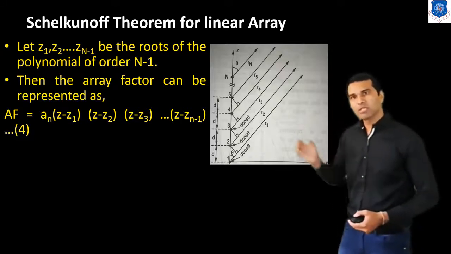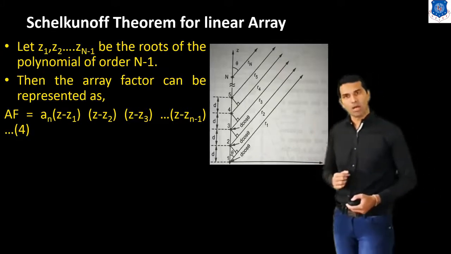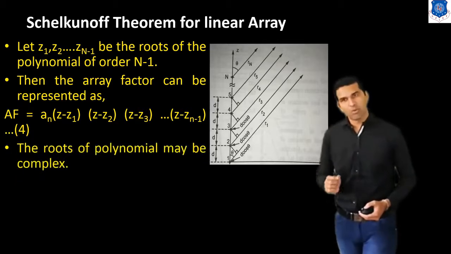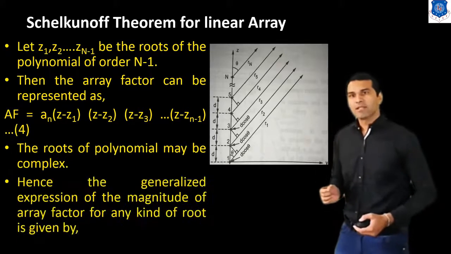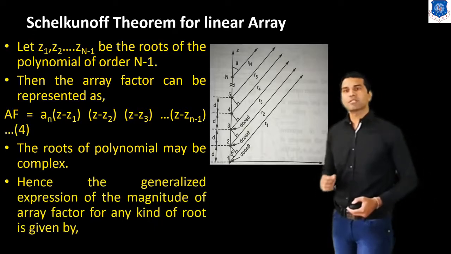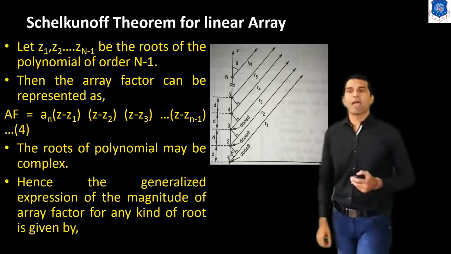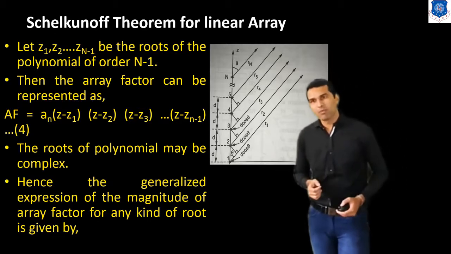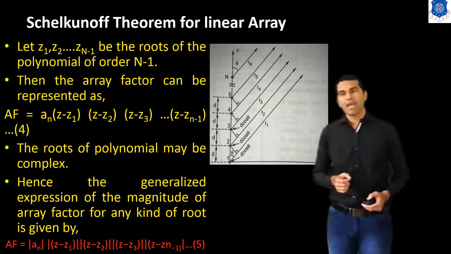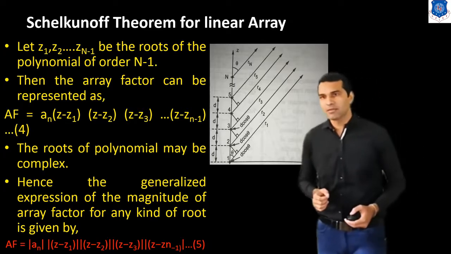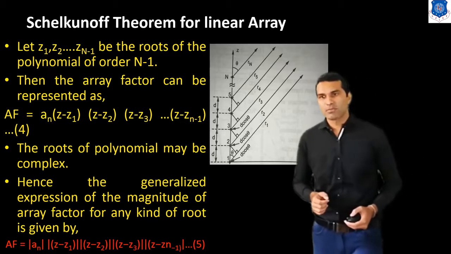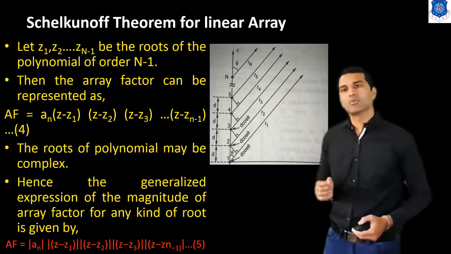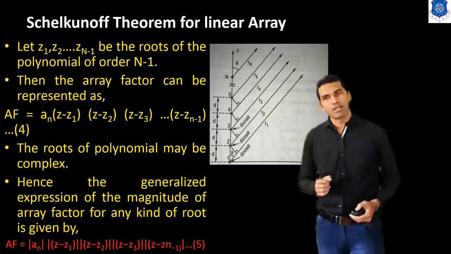We call this equation number 4. The roots of the polynomial may be complex. Hence, the generalized expression for the magnitude of the array factor for any kind of root is the magnitude of a_n times the product of the magnitudes of (z minus z1), (z minus z2), up to (z minus z_(n minus 1)).